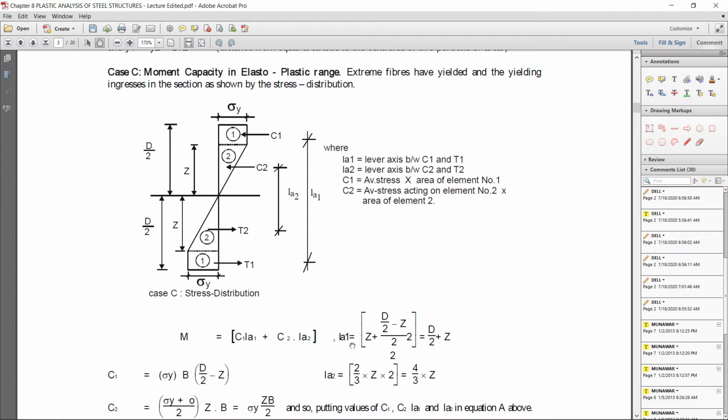Okay, how is the lever arm calculated? We know this z, for this portion. Now for the upper side we want this C1 portion, the average of this depth.